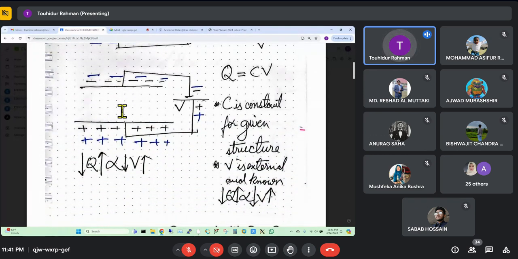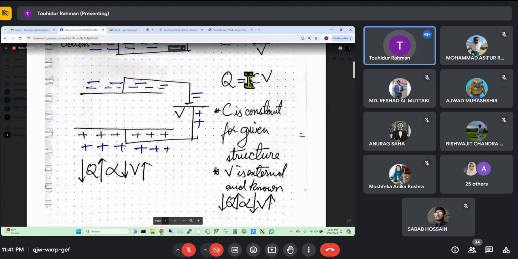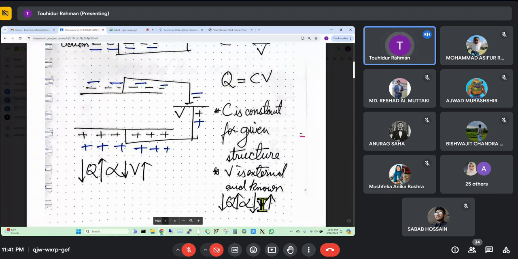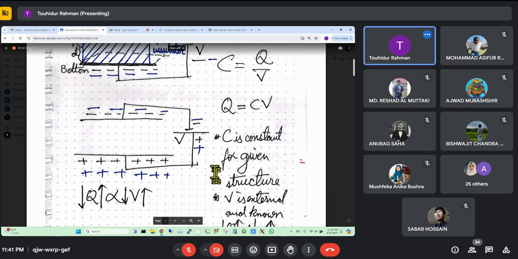So if that is true, and C is constant, as a result, charge is directly proportional to the voltage. If we increase the voltage, charge will also increase. Now, what will happen if we decrease the voltage and apply a negative voltage?